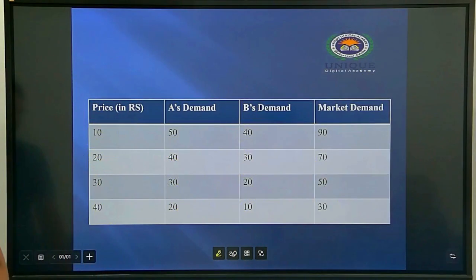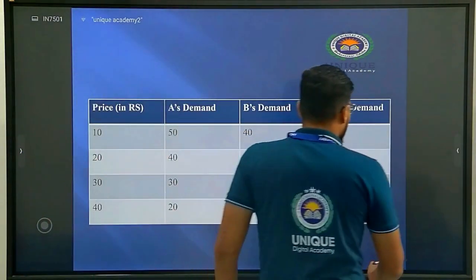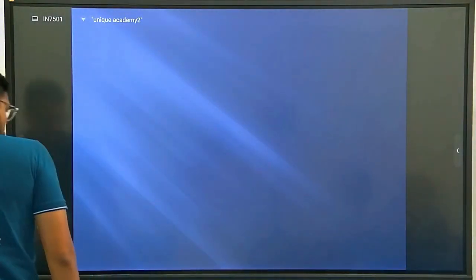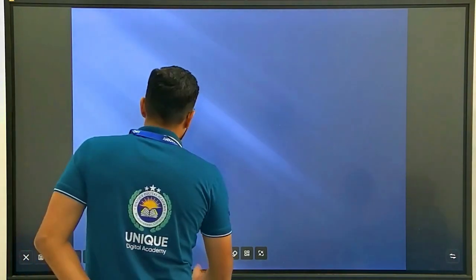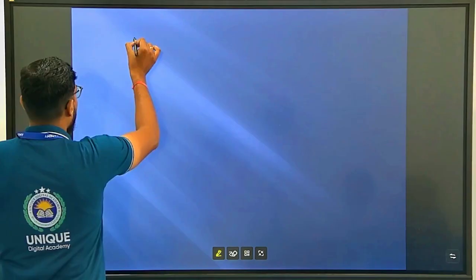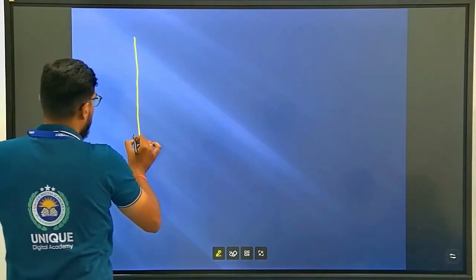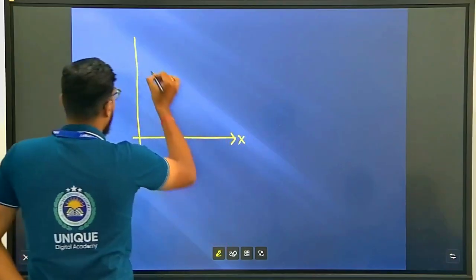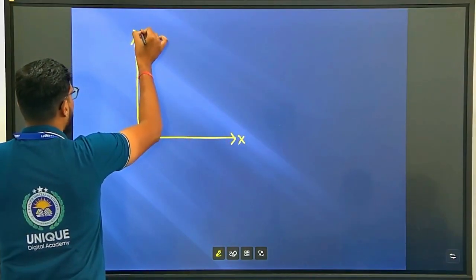Okay. Now, we can derive the market demand curve. First we draw the x axis and y axis.